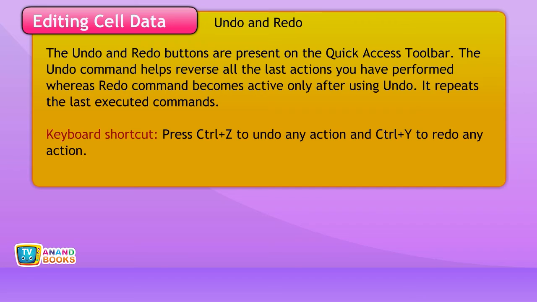The undo command helps reverse all the last actions you have performed, whereas redo command becomes active only after using undo. It repeats the last executed commands. Keyboard shortcut. Press Ctrl+Z to undo any action and Ctrl+Y to redo any action.